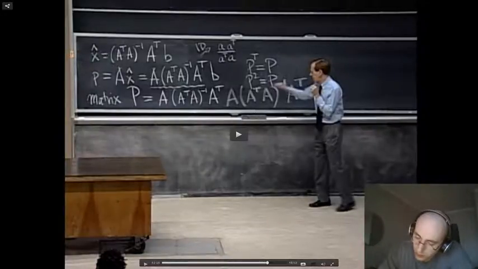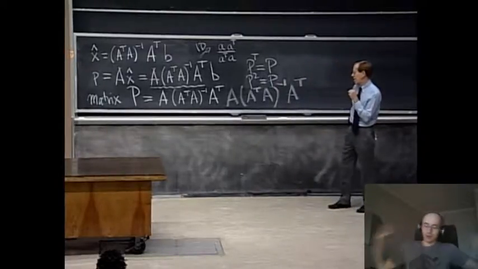So this whole stuff is an identity matrix, and we can just leave it out. What we are left with is exactly P. It's A times A transpose A inverse times A transpose, which is P. So this is correct too.